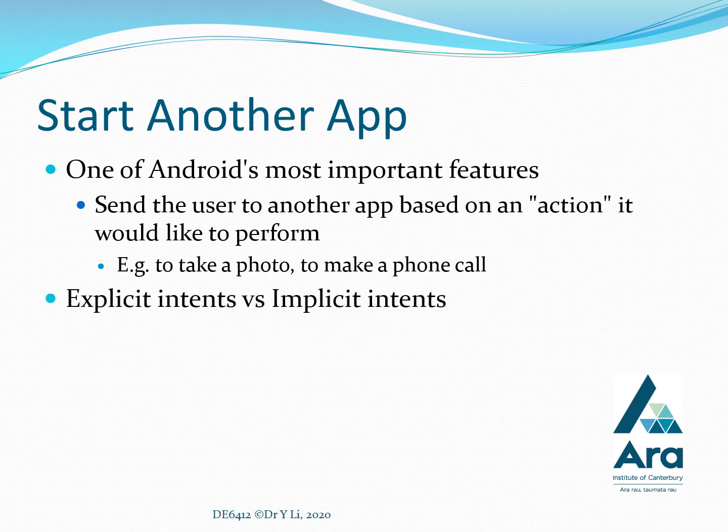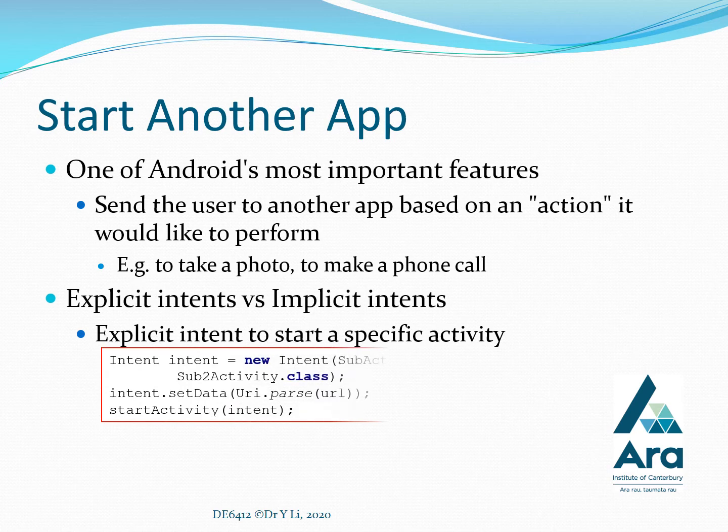There are two types of intents: explicit intents and implicit intents. Explicit intents have a target component. For example, we create an explicit intent to start an activity.